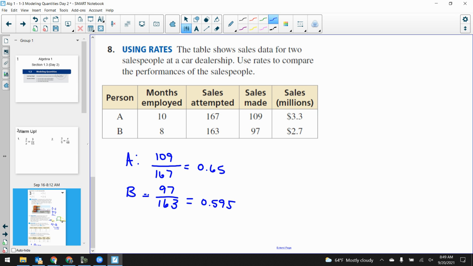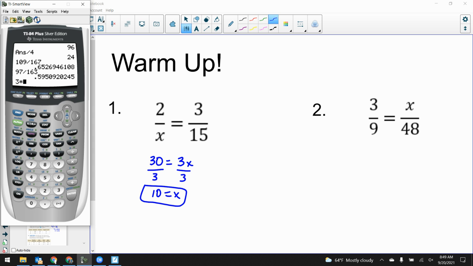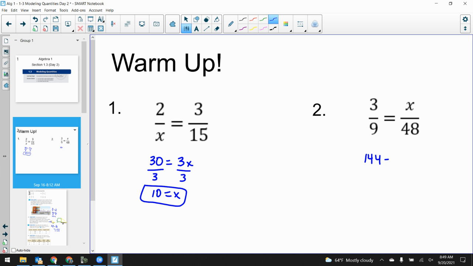All right, let's get to the warm up real quick. Cross multiply, right? So we take 2 times 15, 3 times x. We divide by 3. We get 10 is equal to x. Number 2 here, 3 times 48 gets us 144 is equal to 9 times x, or 9x.